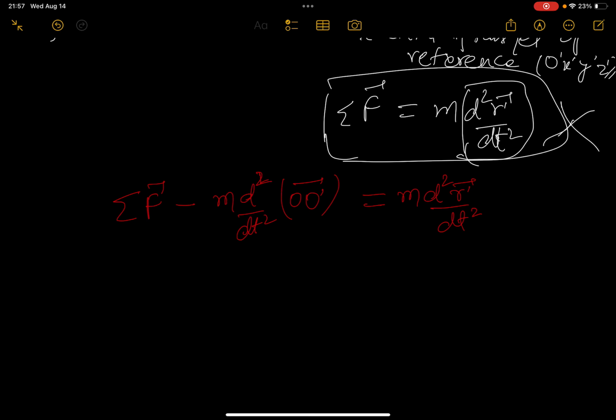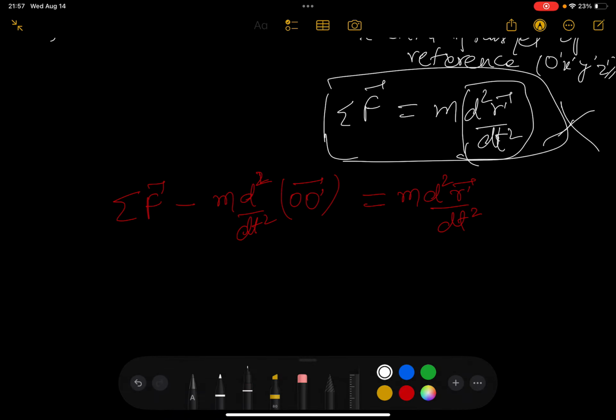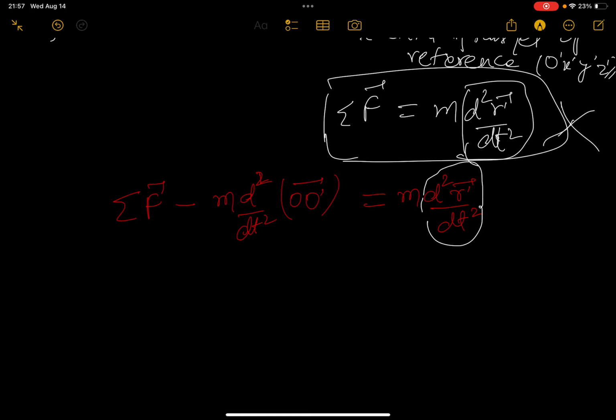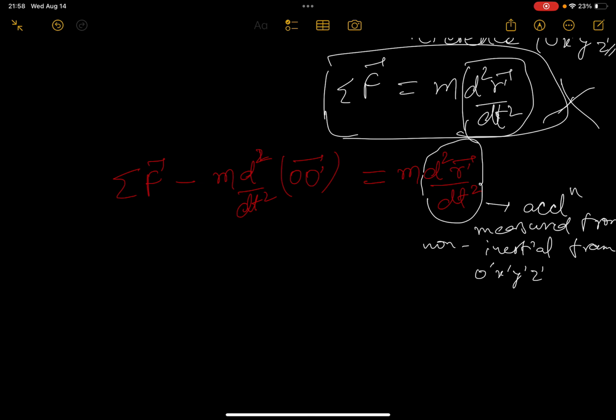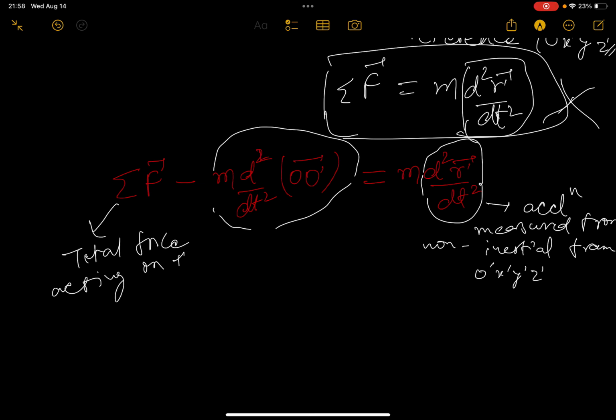So here you can see that this thing is acceleration measured from non-inertial frame o dash, x dash, y dash, z dash, and this one is an additional term, and this one is the total force acting on the body or system.